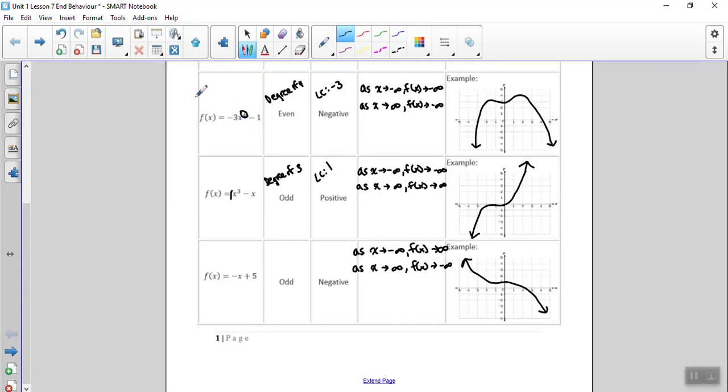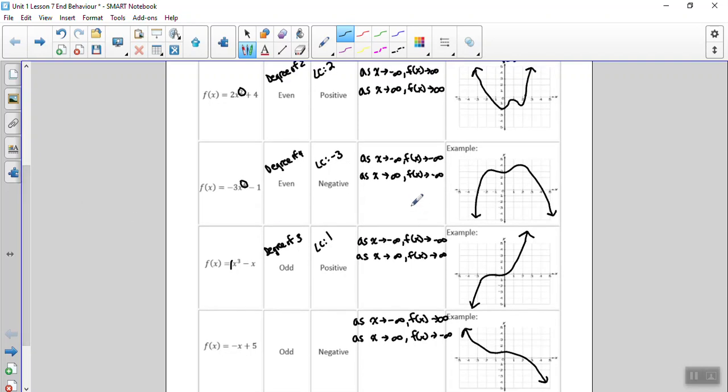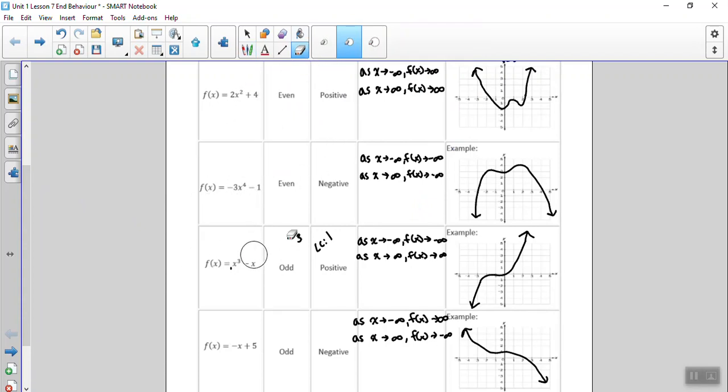If we just look at it all together, you see there are 4 types of end behavior. Let me erase all this, because I think you understand where I got this. We have even.